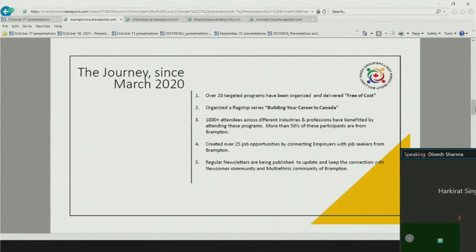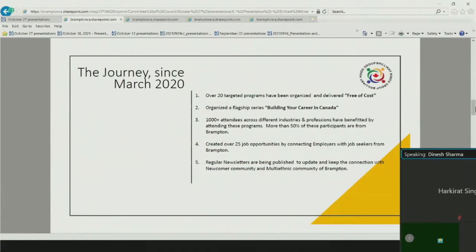So the journey since March 2020, when COVID hit and we saw 3 million Canadians lose their jobs, we realized that the immigrant community was the one largely impacted by the job losses. So since March 2020 until now, we've done 20 targeted programs totally free of cost to the community. We have not charged even a single penny to anybody. We organized a flagship program called Building Your Career in Canada.